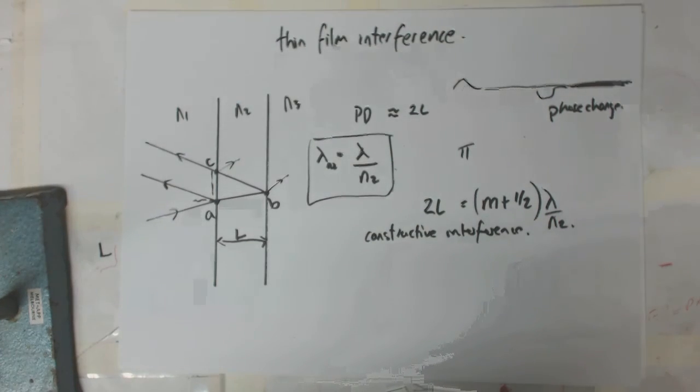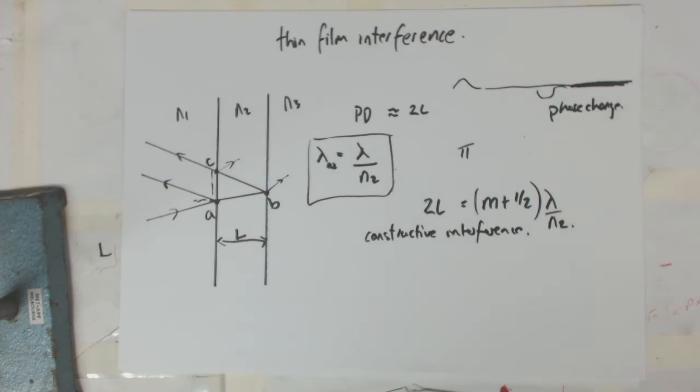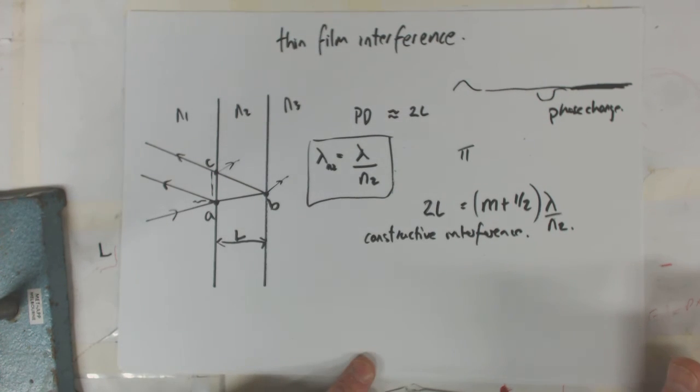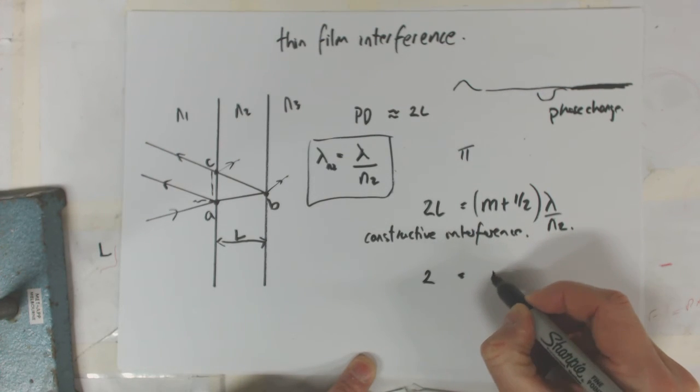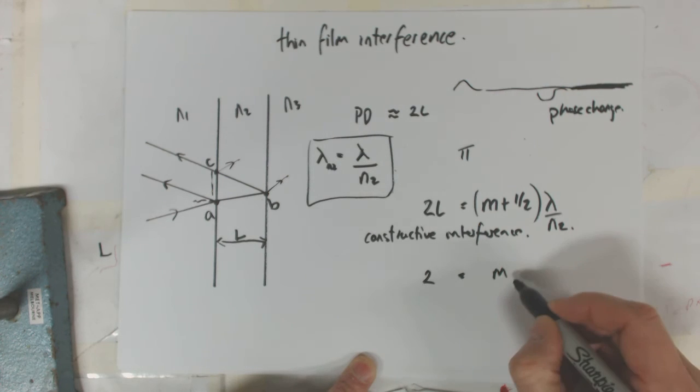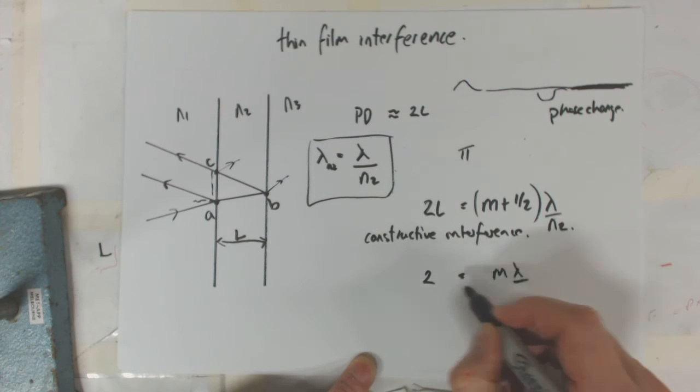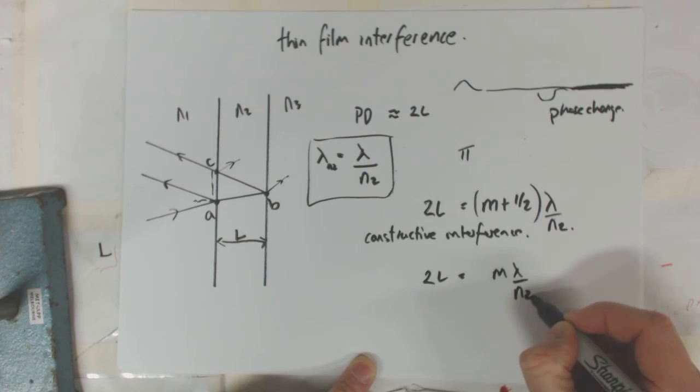And if we were looking for destructive interference, because it's already got that phase change, then we'd want the full number of wavelengths, where 2L equals m times the wavelength over n2.